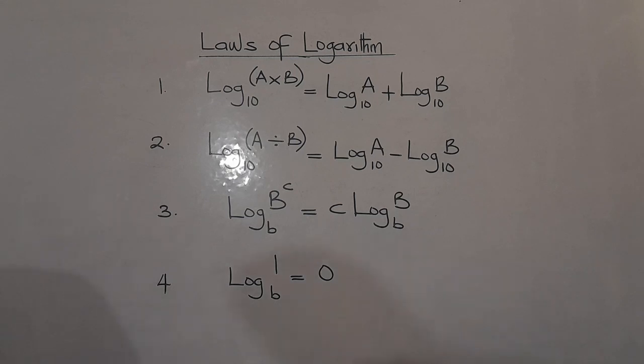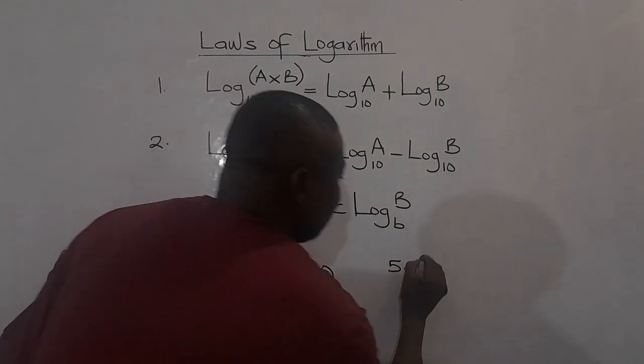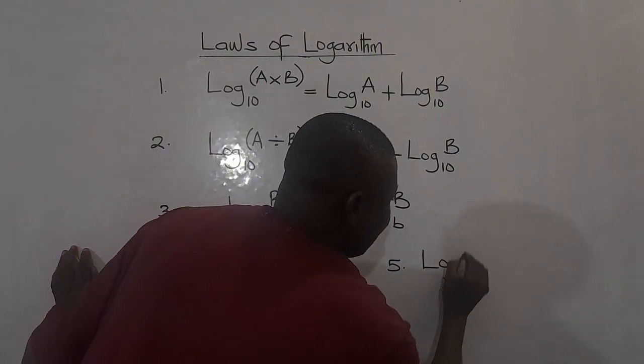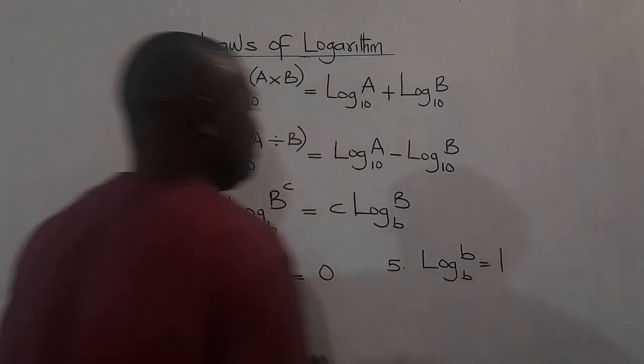Log 1 base b equal to 0. That's the fourth law we're having here. Then the fifth law, I'll put it down here. Fifth law is that log b base b is equal to 1.